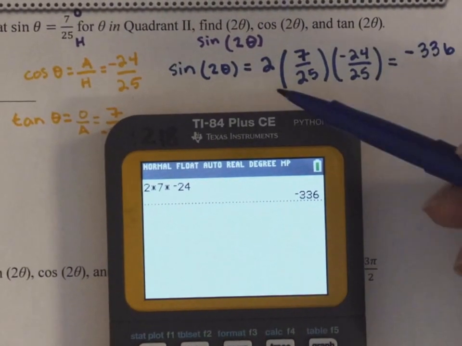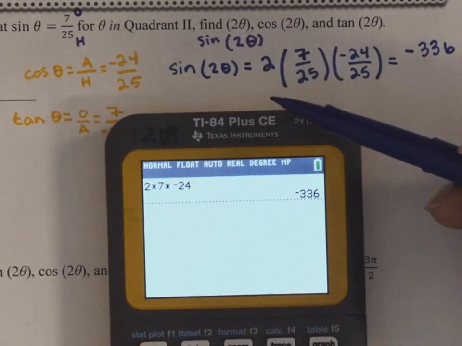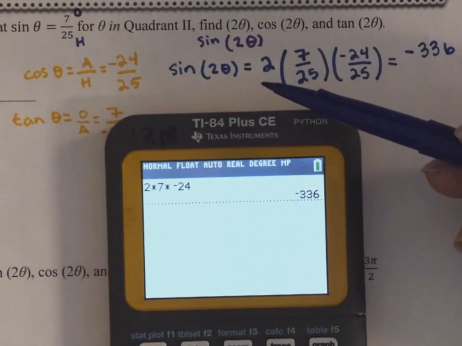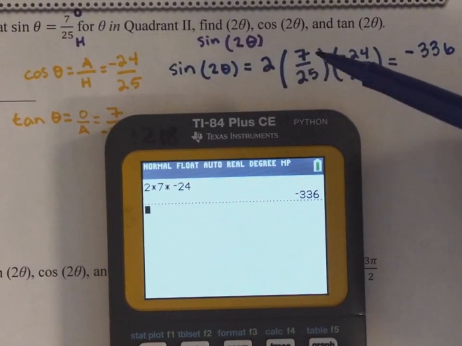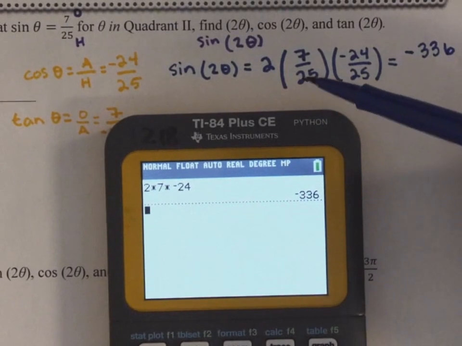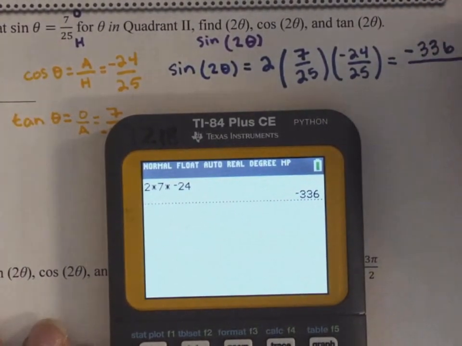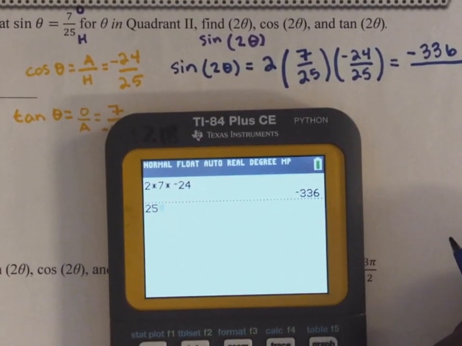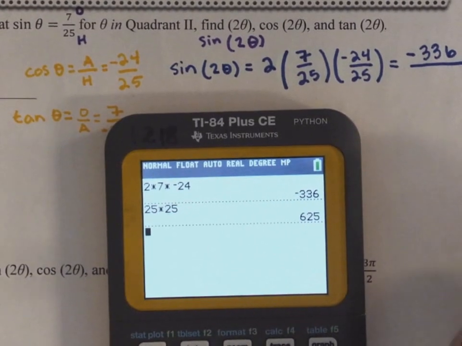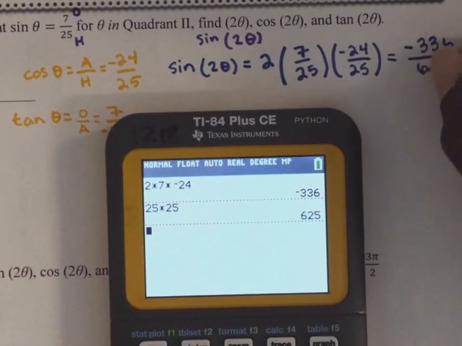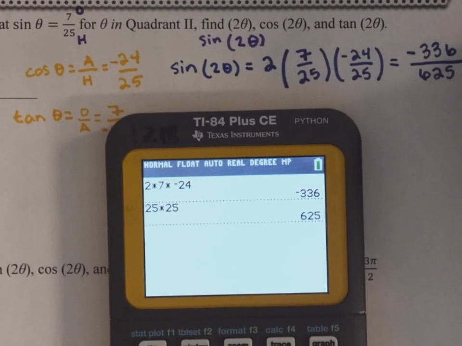And then just to be clear, since this is just 2, it's not 2 over anything. I guess it's 2 over 1, but this would be in the numerator. So I multiply all the top numbers, then I'll multiply all the bottom numbers to see what I divide by. 25 times 25, we actually already did that. 625.